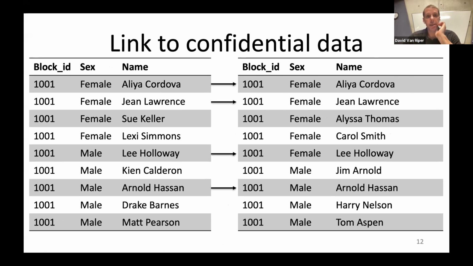Of those 9 records that they had found matches for, 4 of them matched on block ID, sex, and name. The Aaliyah Cordova in the commercial data matches the Aaliyah Cordova in the confidential data.